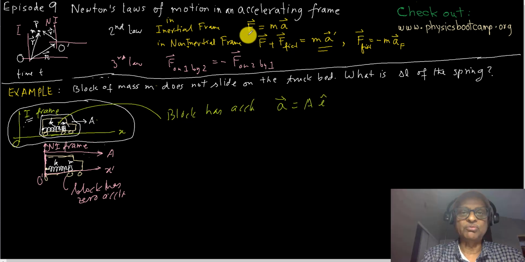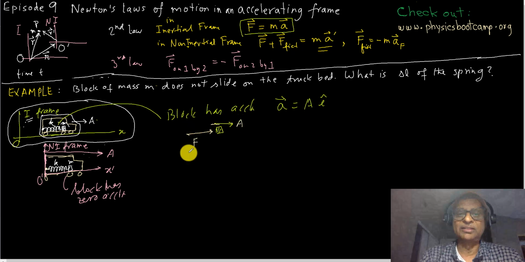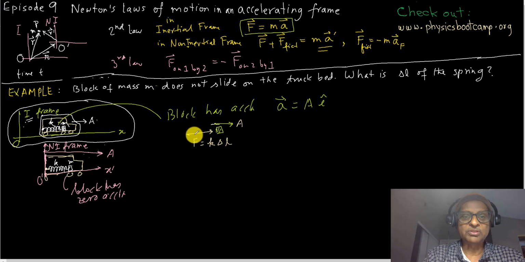So this is the inertial frame, so the law will be this. If you look at the block, it's accelerating in that direction with magnitude A, that means the spring must be pushing it. These two have to be the same. This force must be that to actually match up. The right side is this way, the left side has to match up, and this has to be some K times delta L. If the force is this way, the spring is going to apply a force that way if it's compressed.